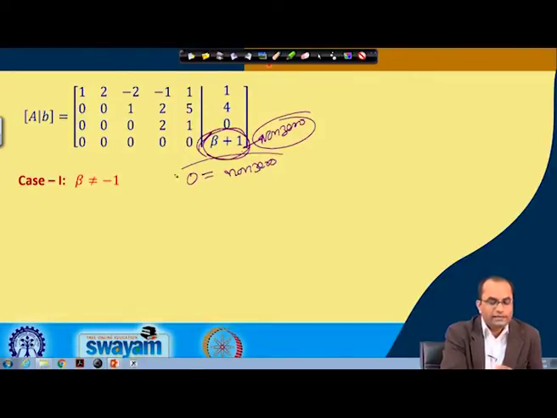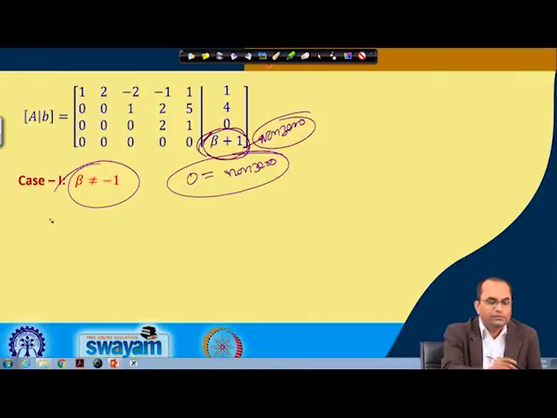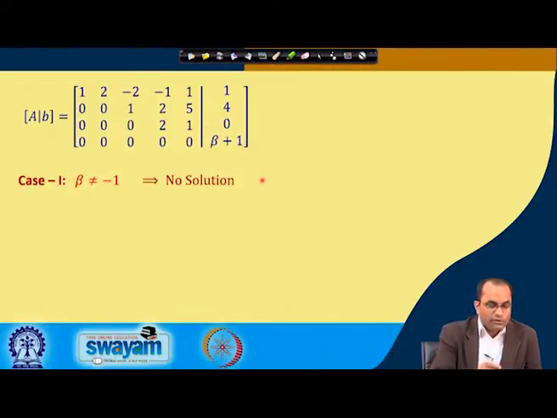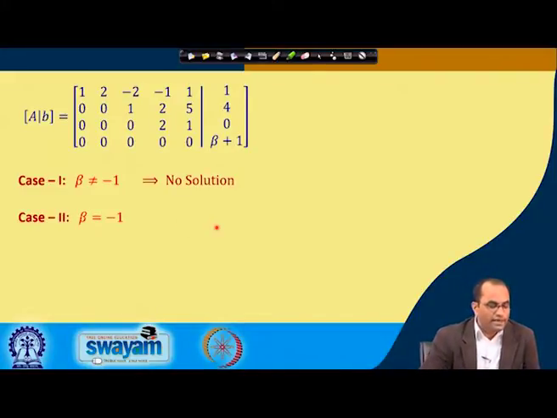So, when beta is not equal to 1, the system is inconsistent and we do not have a solution for the system. So, that is the case of exactly no solution.